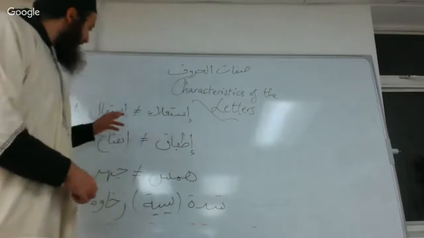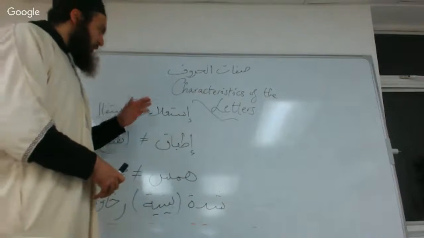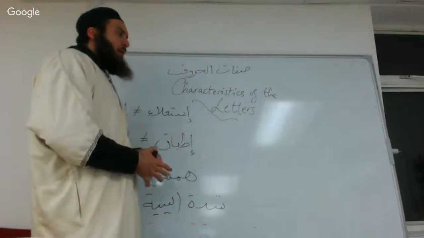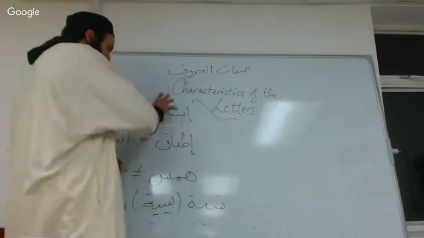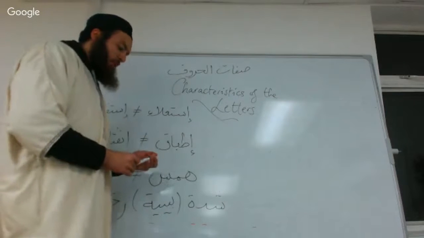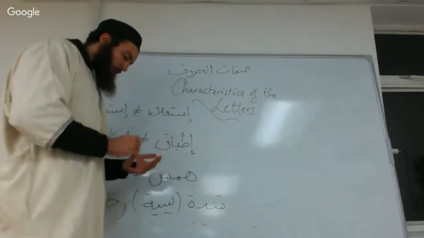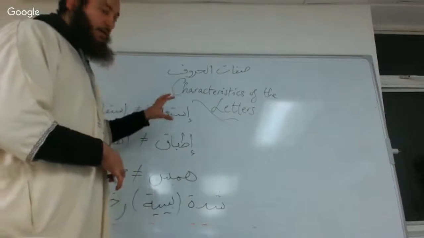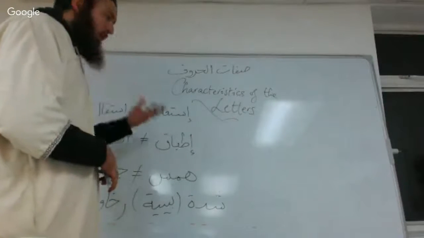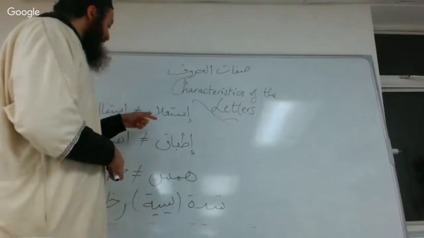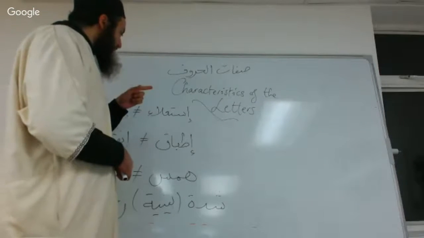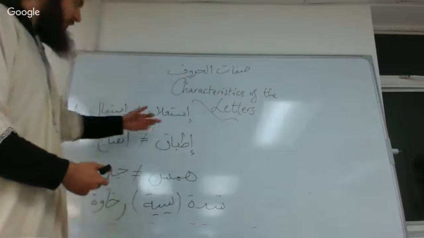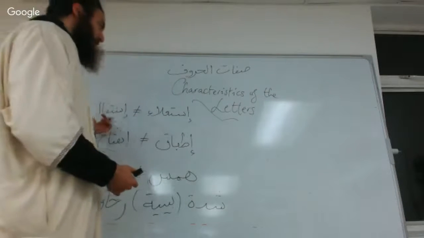So, isti'la and istifal. This is a very good example of why it could create confusion. Those two characteristics have so many different translations. Literally, isti'la means highness, and istifal, lowness or lowliness. So many translations would be big and small, fat and thin, heavy and light.